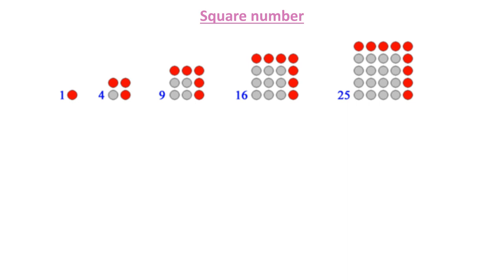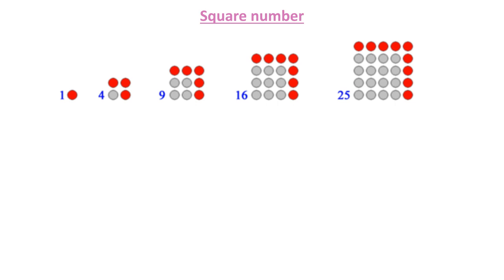Now coming to square numbers. What did you find here? Look at this figure. In the first one there is a single dot, in the second one there are 4 dots, in the third one there are 9 dots, and so on.